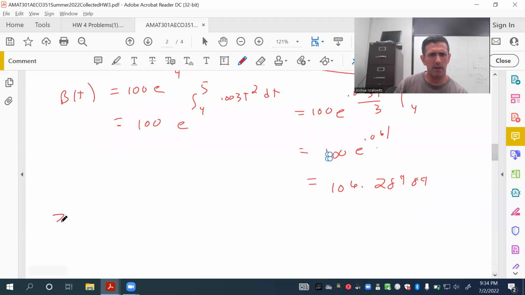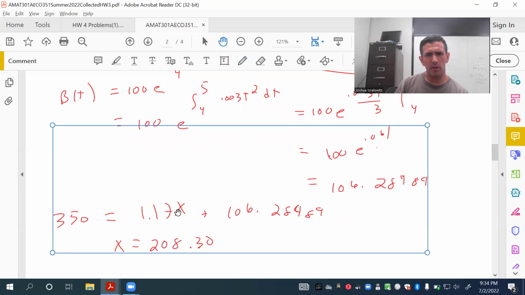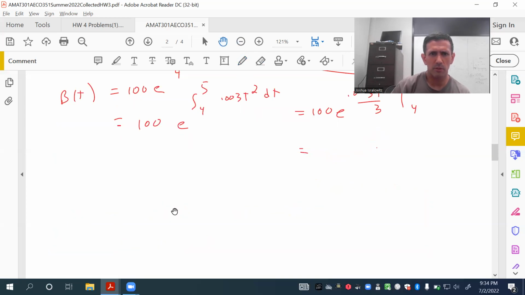So add these up, they have to be 350. So 350 is 1.17X plus 106.28989. X is 208.30. Okay. And if you want to do it the other way, I guess I'll do that real quick.